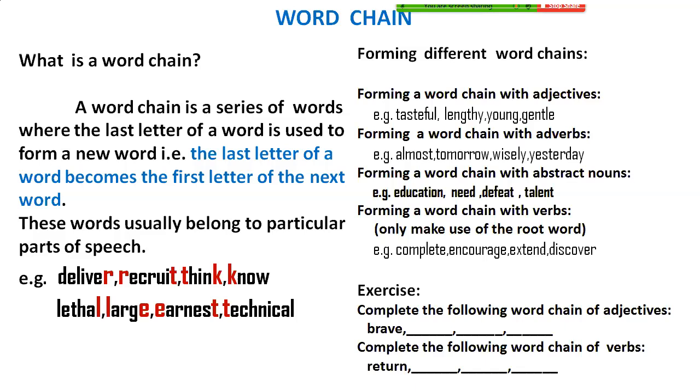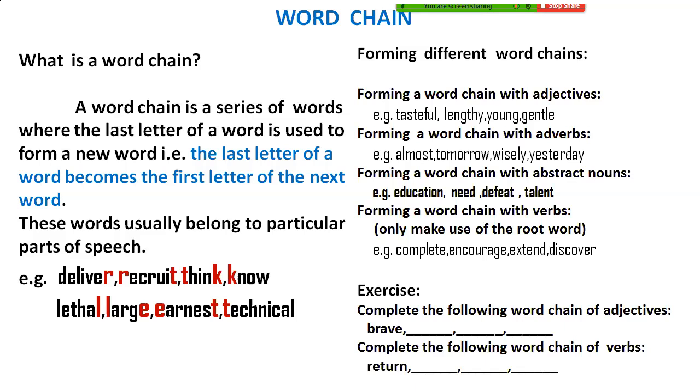Let's take, for example, the word chain that we could form using the word deliver. Now, deliver ends with the letter R. This letter R is used to form the starting letter of the next word, that is recruit.